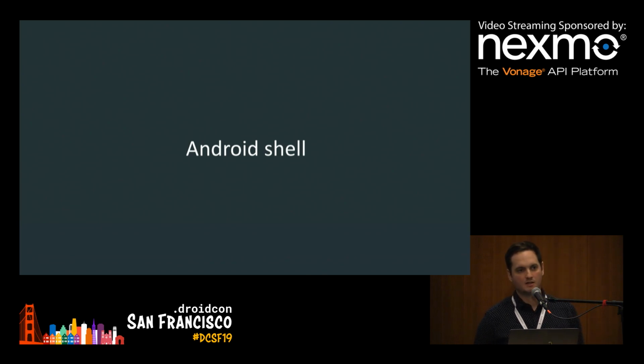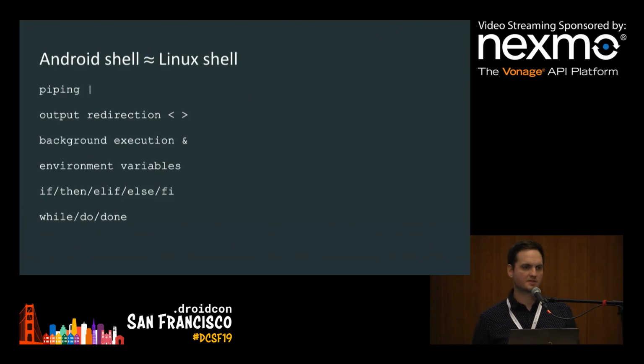Now, if we get to Android shell, so if we type in adb shell, we get access to an interactive command line interface inside of Android. And this is very similar to any shell that we see on regular Linux distributions.